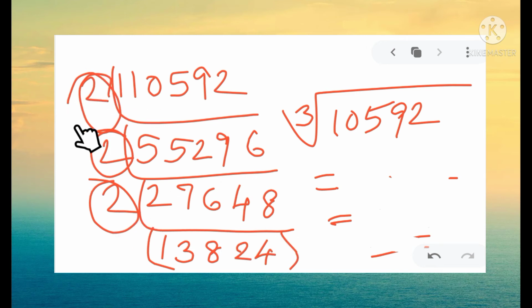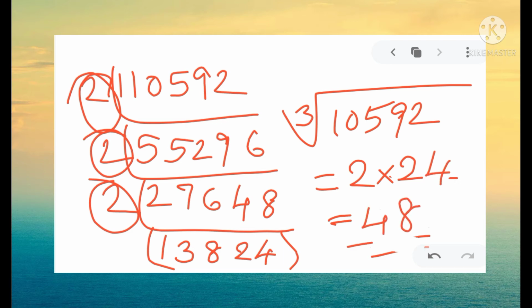Then we want to multiply that number with 2 to get the cube root of 110,592. So let us write 2 into 24. So 48 is the answer.